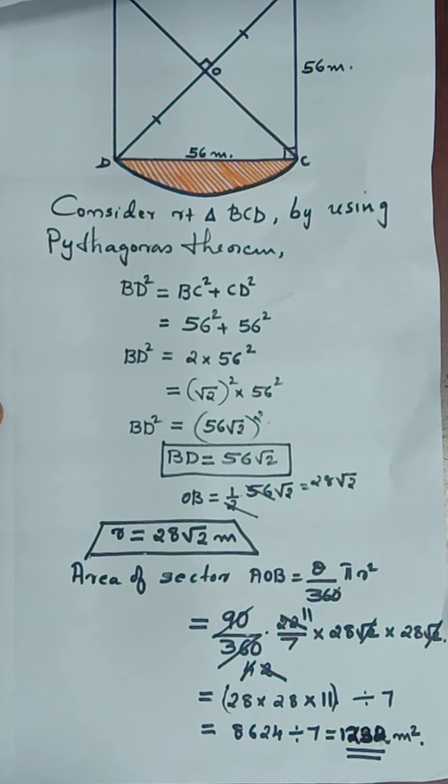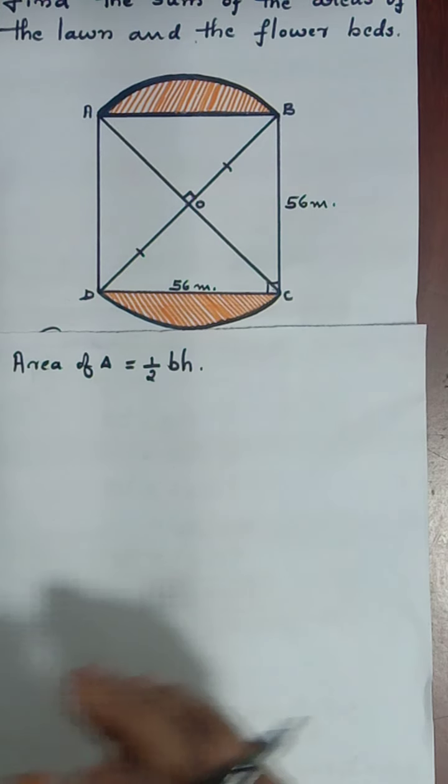Okay children, you have to see the calculation once more. 28 into 28 into 11 will become 8624 divided by 7. So we are getting 1232 meters square. Here you can see the next step.